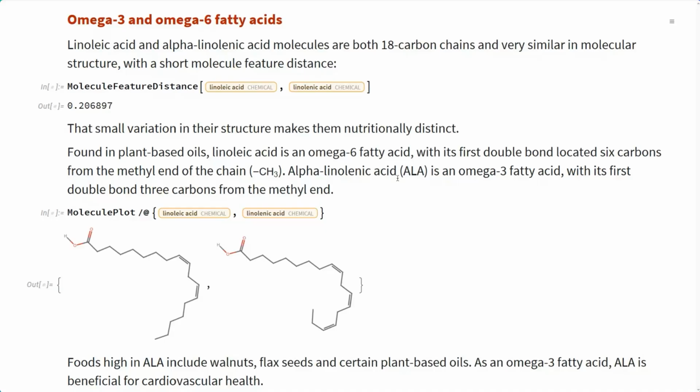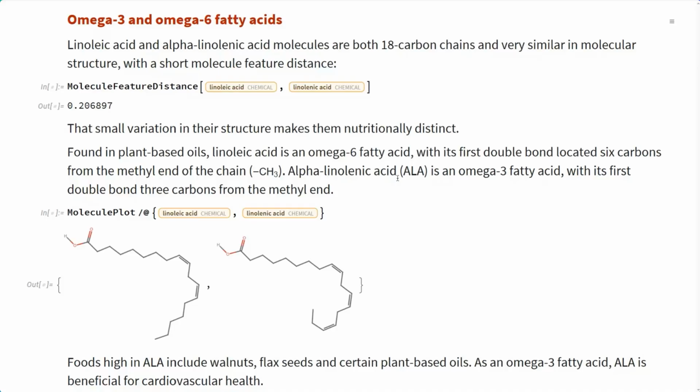If you ever wonder why it's called omega-6, why it's called omega-3, I hear omega-3 all the time. Well, it's because in omega-6, the first double bond is 6 carbons away from the methyl end of the chain. If you look at that linoleic acid, 6 carbons from the end. And the ALA, the omega-3 fatty acid, is just 3 carbons away from the methyl end of the chain.